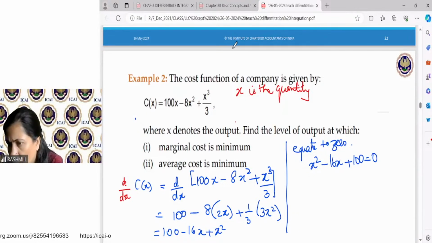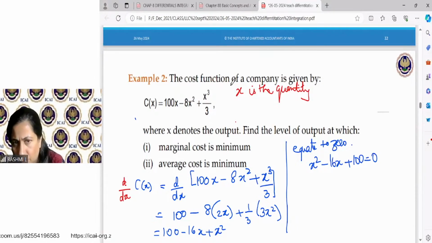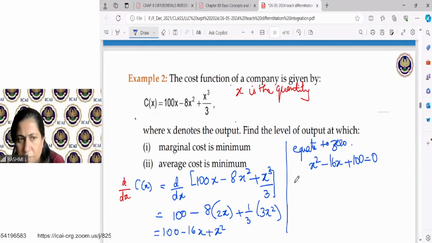Anybody giving me the answer here? Equate to 0 and tell me. So first I find d by dx of C(x), and then I will be doing this.